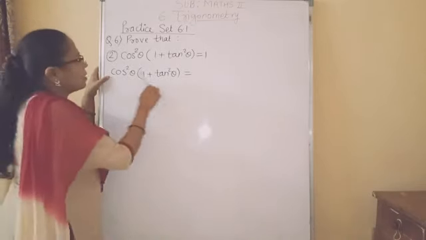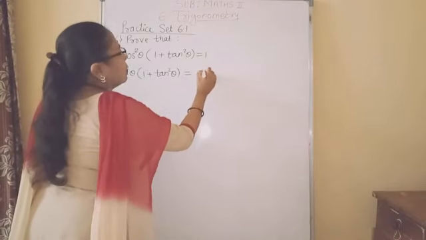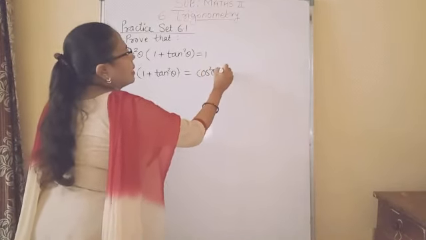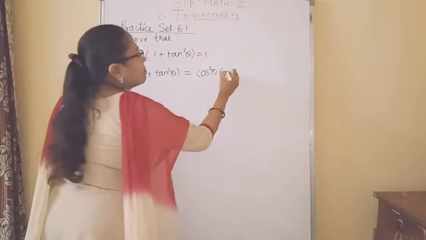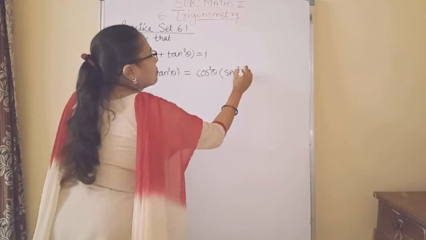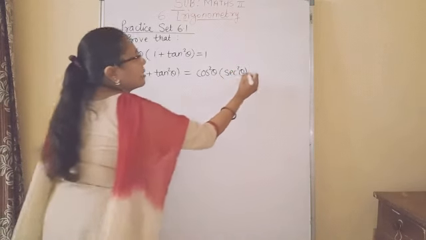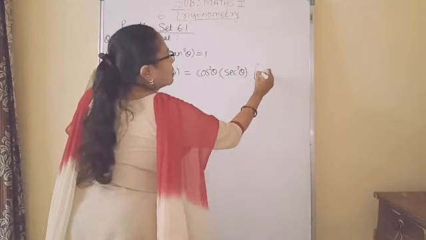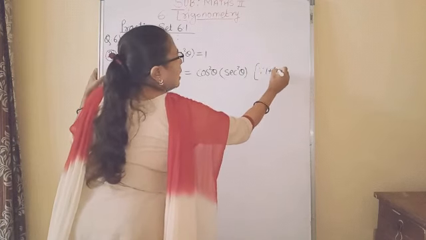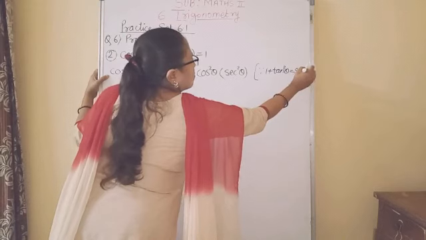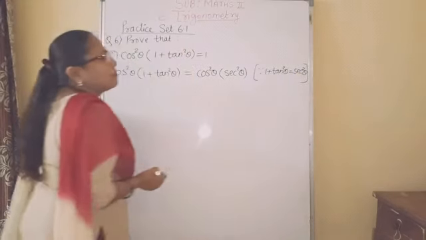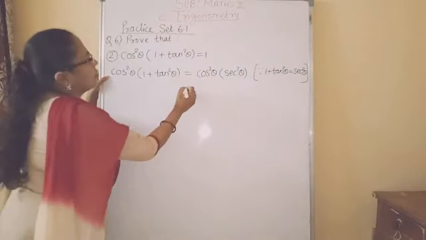Very good. So here we will get cos square theta into bracket 1 plus tan square theta. Instead of this we will get sec square theta, and the reason we will write here, because 1 plus tan square theta is equal to sec square theta. Okay.